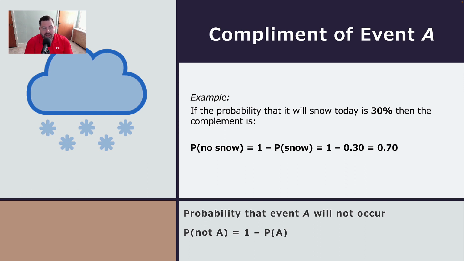So if A represents the event and we wanted to determine the complement of A, we would use the example that says if the probability is that it's going to snow and there's a 30% chance of snow, then the complement would be 1 minus 0.3, and you would get a 70% chance that the event's not going to happen, right? And so the probability that event A will not occur is determined by taking 1 minus the event probability, okay?